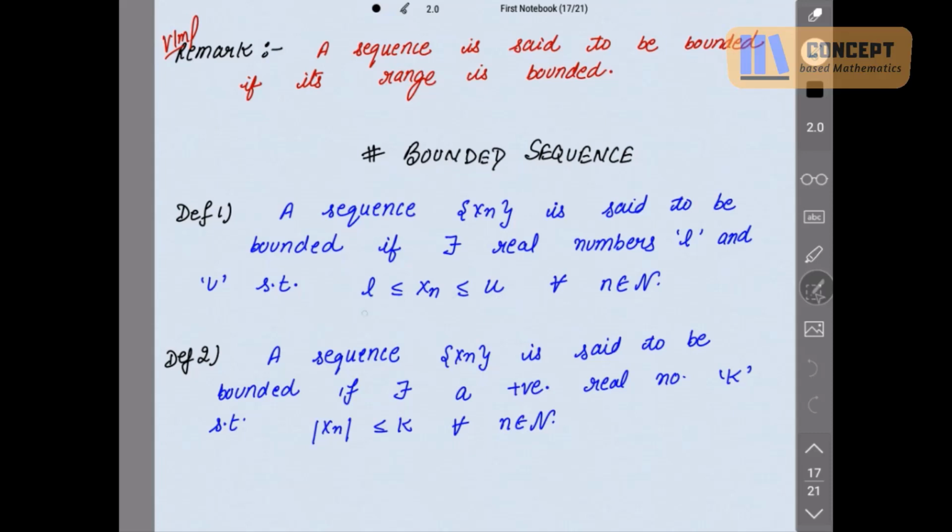This is your smallest element, the minimum, and this is the upper one, the maximum element. So whenever this happens, your sequence is said to be a bounded one. Again, if you look at the example, that sequence minus 1 and 1.